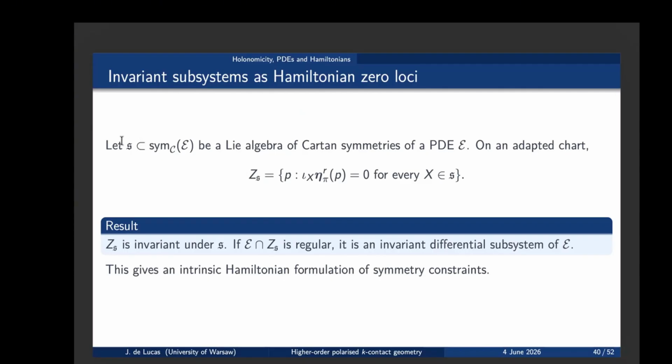In general, if you have a finite algebra of Cartan symmetries, the prolongation, the evolutionary of a vector field, these are, from the point of view of K-contact geometry, Hamiltonian, and the Hamiltonians are essentially this contraction. So when this contraction vanishes, when all these functions vanish, you have something called the locus of the algebra of vector fields, and this is invariant.